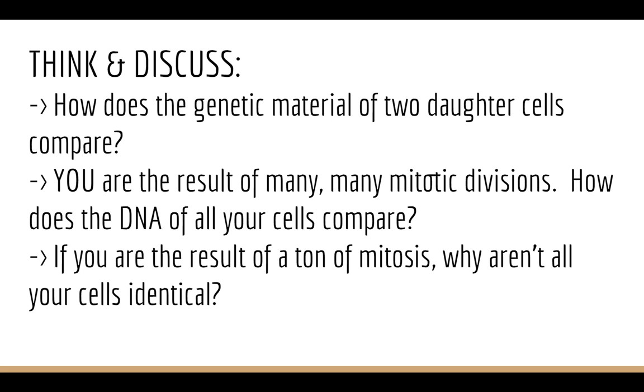That means mitosis happened lots and lots, right? You were originally formed as one cell that went through mitosis again and again and again and again to form you. So how does the DNA of all your cells compare? And if you're the result of tons and tons of mitosis, why aren't all of your cells identical? Turn and talk about those three things for a minute.